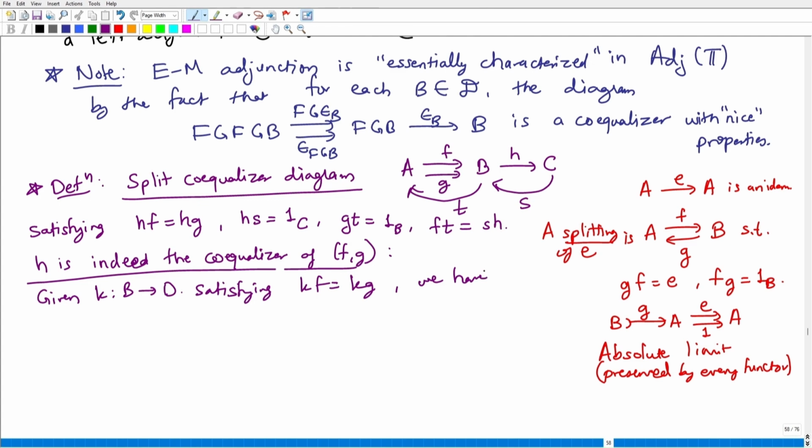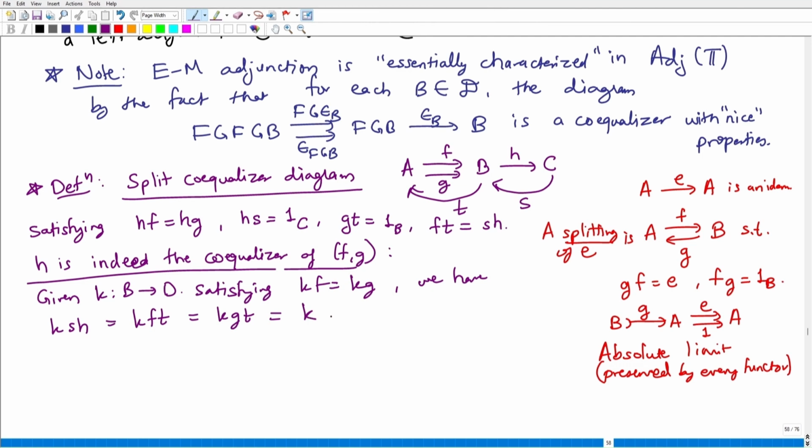Then what do we have? Well, we start with KFT, that is KSH, since FT is SH. But KFT is also KGT, because KF is equal to KG, and KGT is equal to K.